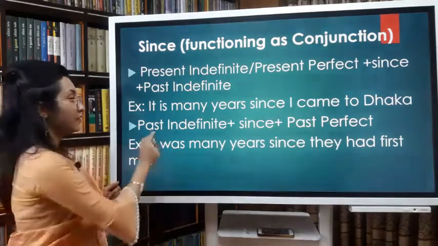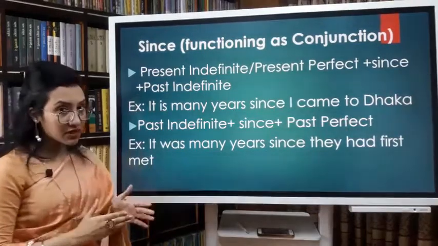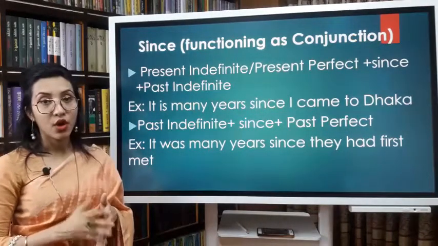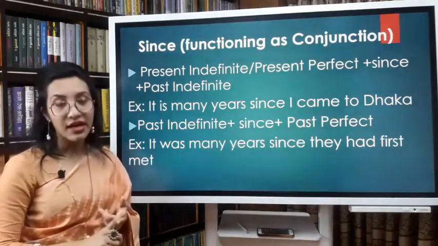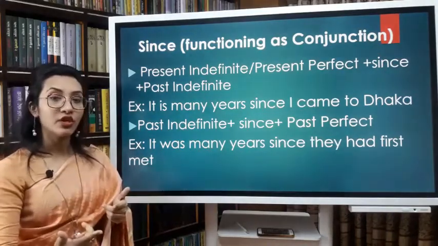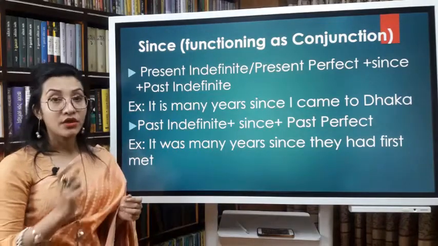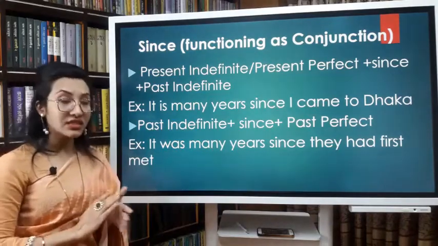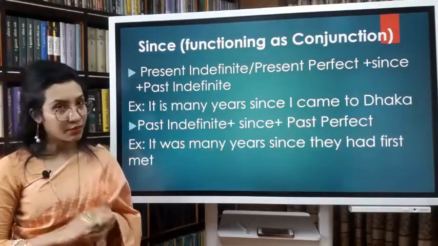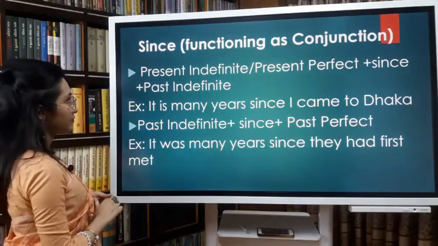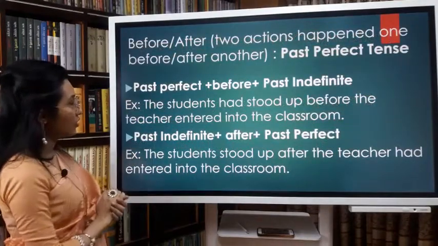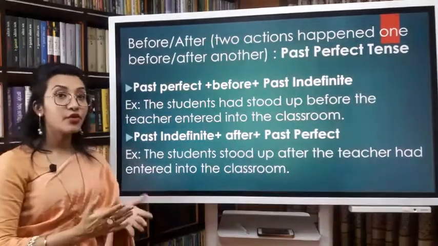But in the first part, if you have past indefinite, then in the second part we are going to use past perfect. প্রথম অংশে যদি প্রেজেন্ট থাকে ইনডেফিনিট বা পারফেক্ট, তাহলে আমরা পরের অংশে কি করব? পাস্ট ইনডেফিনিট। সিন্সের আগে প্রথম অংশে যদি পাস্ট ইনডেফিনিট থাকে, তাহলে আমরা পরের অংশে কি করছি? পাস্ট পারফেক্ট। Now this one, before or after.